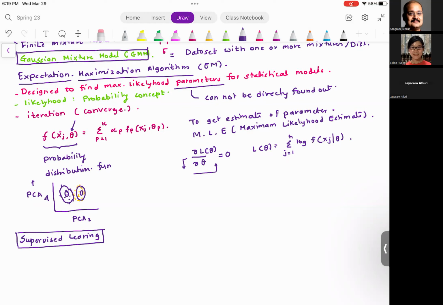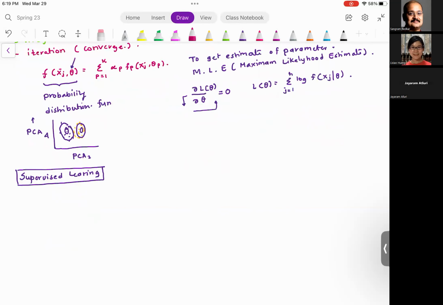And then you want to discriminate, or find out the difference between those two data sets. So that is the most important undertaking of supervised learning.